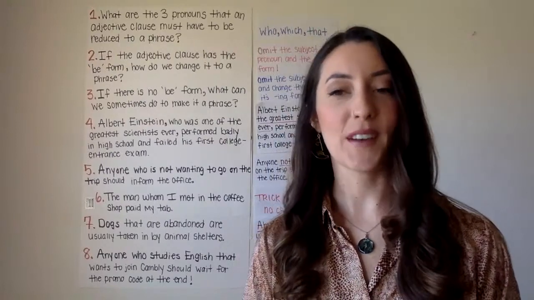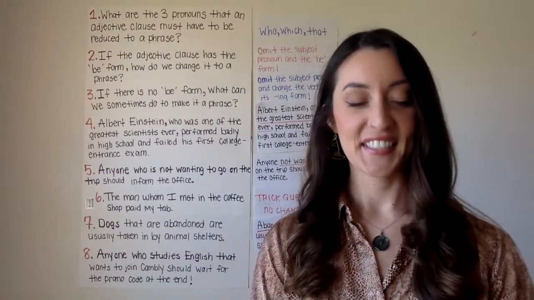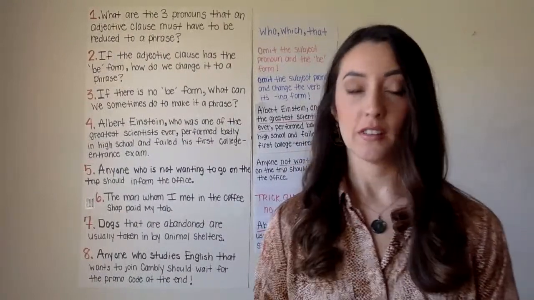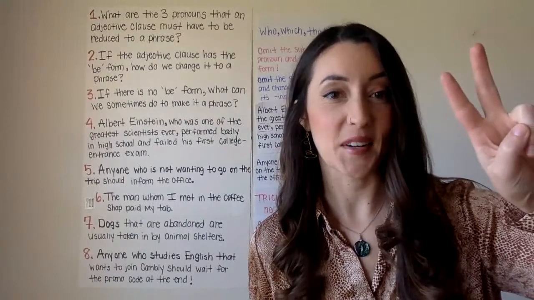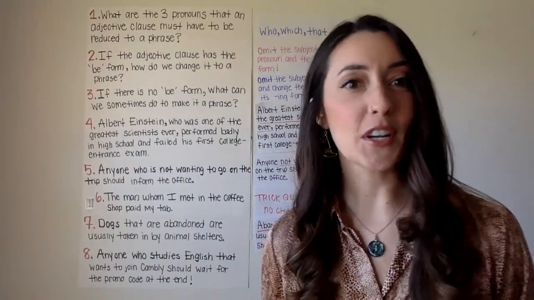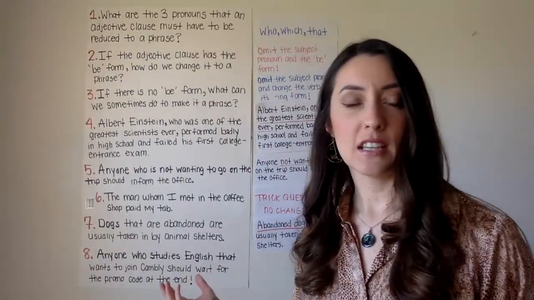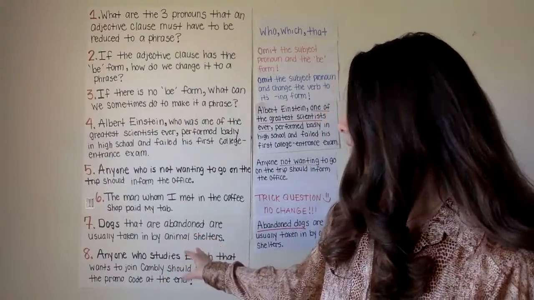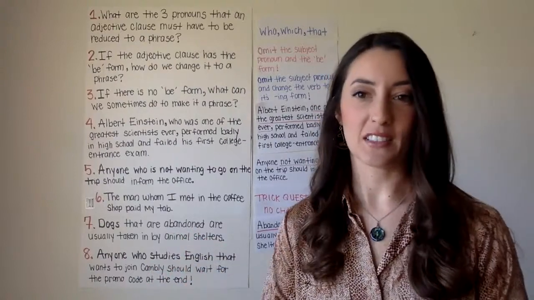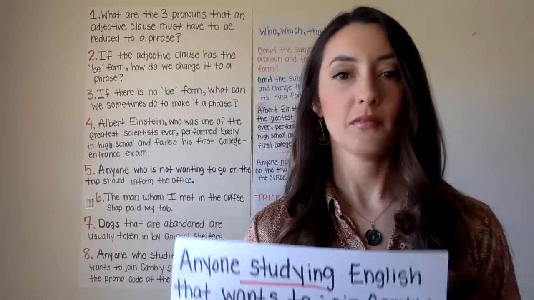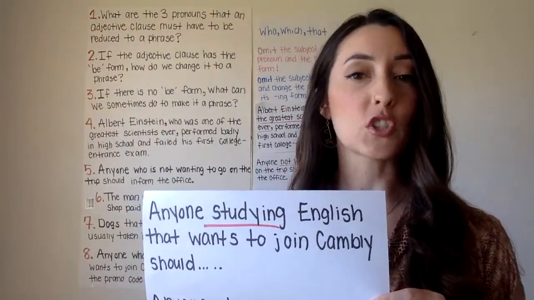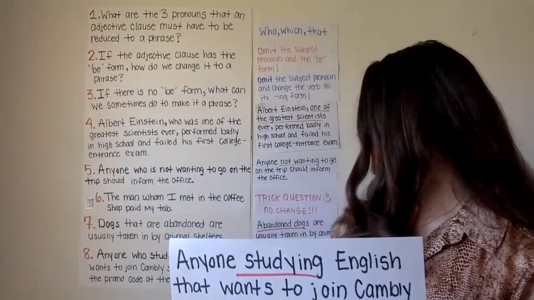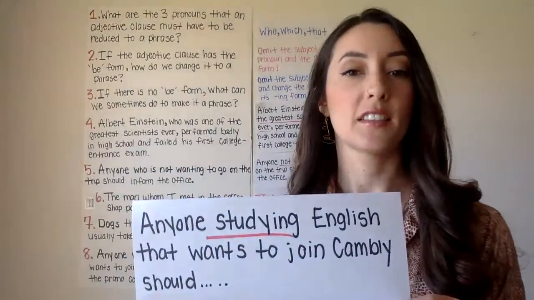Okay, all right, I see some right answers. So this one we can actually do 2 ways, okay? I don't know if you noticed, but there are 2 pronouns, and we can do it 2 different ways, so let me show you. We can do anyone studying English that wants to join Cambly should wait for the promo code at the end.